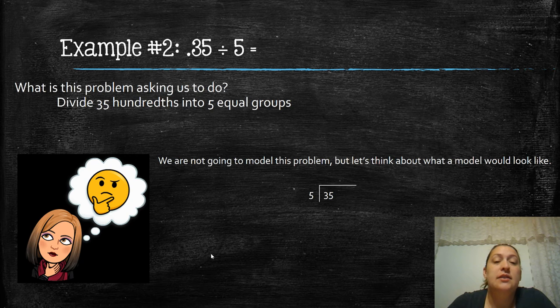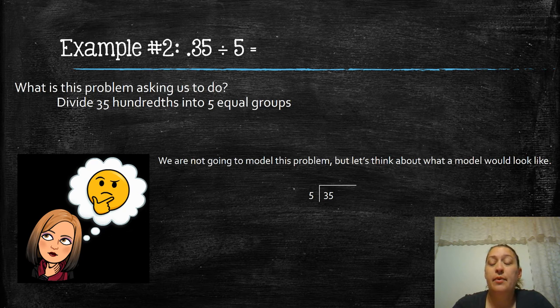35 hundredths divided by 5. So what is this problem asking us to do? It's asking us to divide 35 hundredths into 5 equal groups. Now we're not going to model this problem, but let's think about what a model might look like. If we were to divide 35 into 5 equal groups, how many would be in each group?